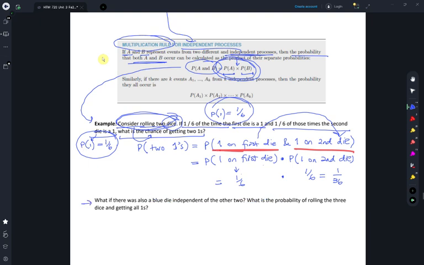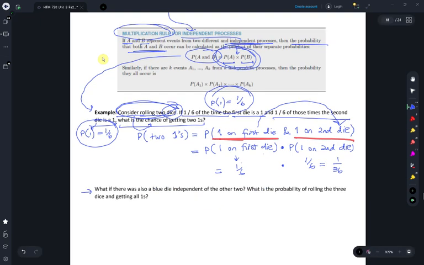Here's another extension of the problem. What if there was another blue die independent of the other two? What is the probability of rolling 3 dice and getting all ones? Well, the outcome on each of those dice follows the same principle as with 2 dice.